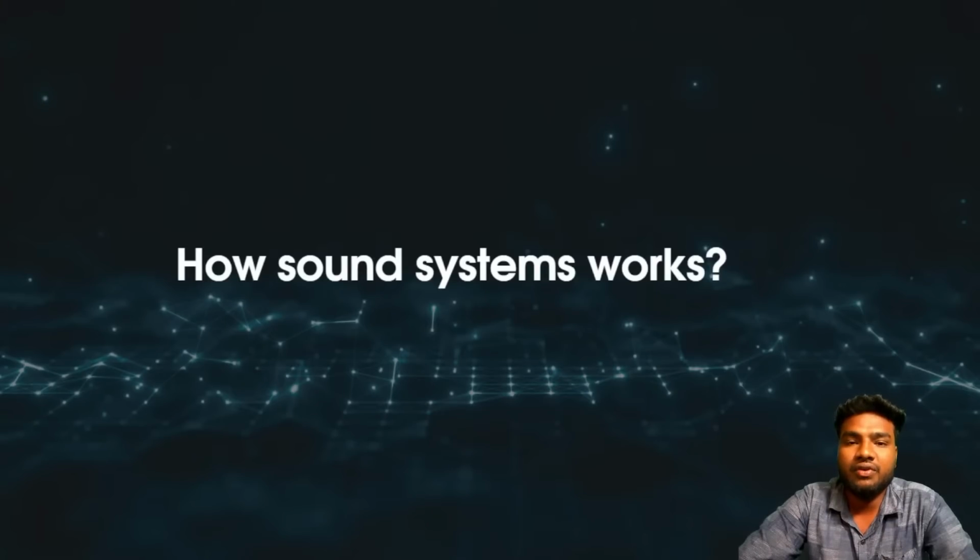If you have a 5.1 home theater, it will decode the sound according to 5.1, meaning front left and right speakers, back left and right speakers, and center. So this decoding logic is what home theaters and sound systems use. This is the logic behind the sound system in our daily life.